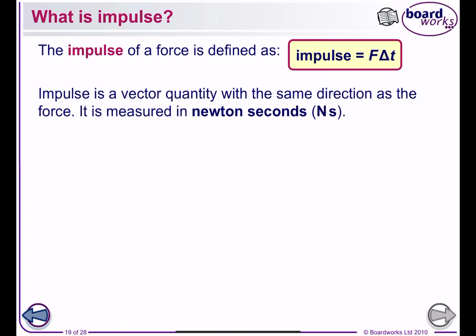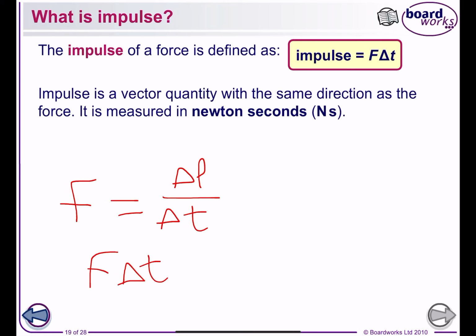If force is equal to the change in momentum over the change in time, then doesn't this mean, if I rearrange it, that the force multiplied by the time is equal to the change in momentum? That's all this slide is saying. And that particular thing, a change in momentum, is known as impulse.